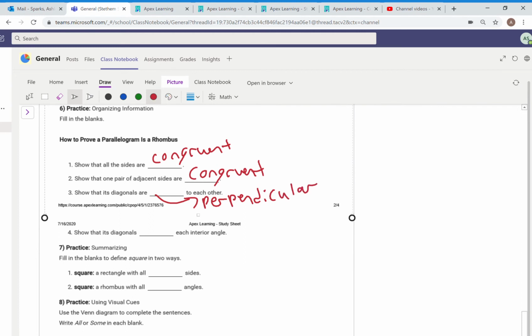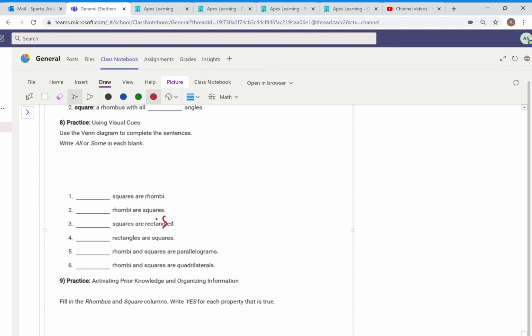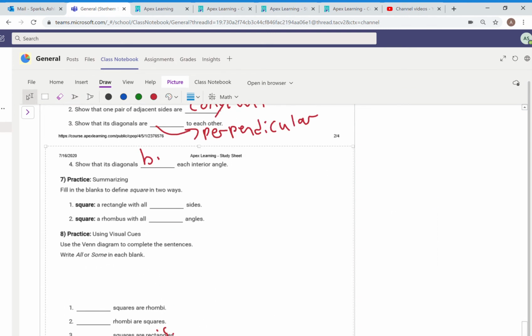Or you want to show diagonals bisect the interior angles.